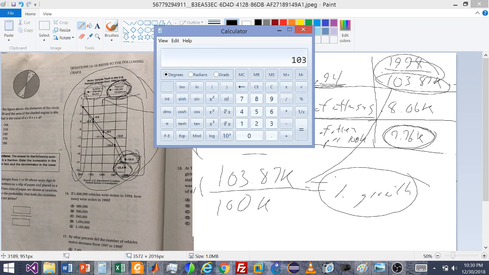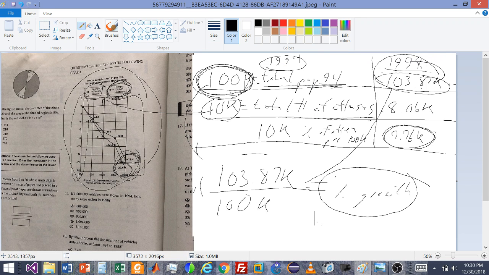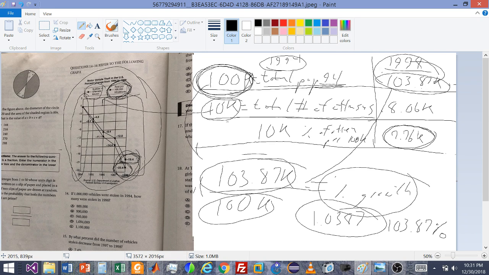So 103.87 divided by 100 equals 1.0387, which converting to percentage is 103.87% total growth from initial to new population.